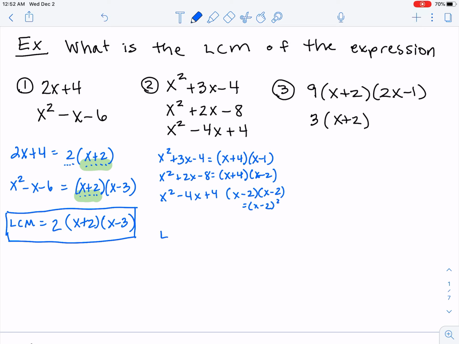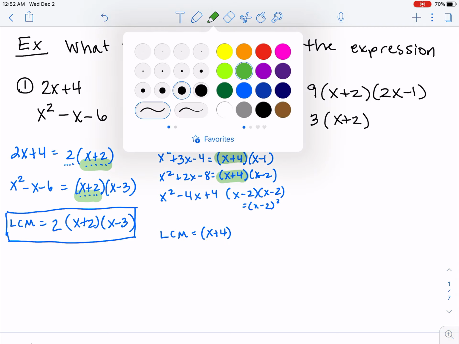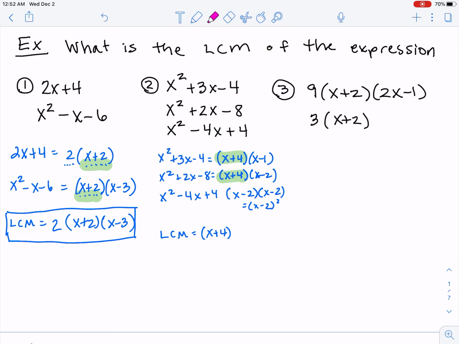All right, so let's take a look at that least common multiple. Again, I said it has to take into account all the factors. We've got this x plus 4, so I'm going to write that down. Notice I only write it one time. I have an x minus 1, so I'm going to write that down.